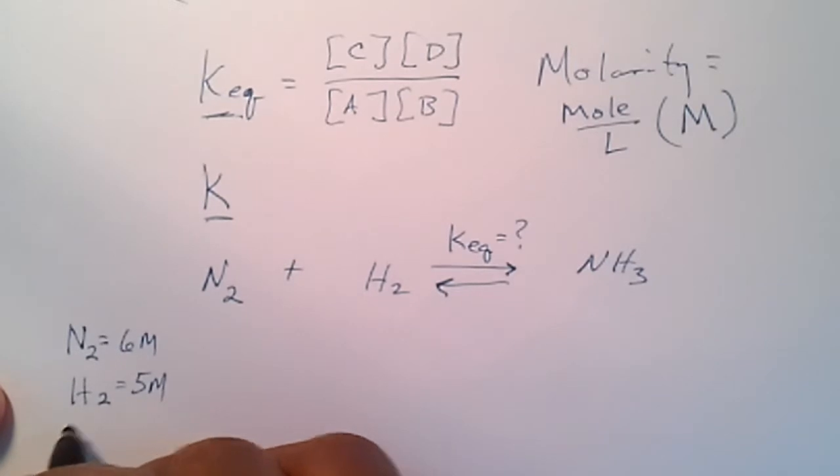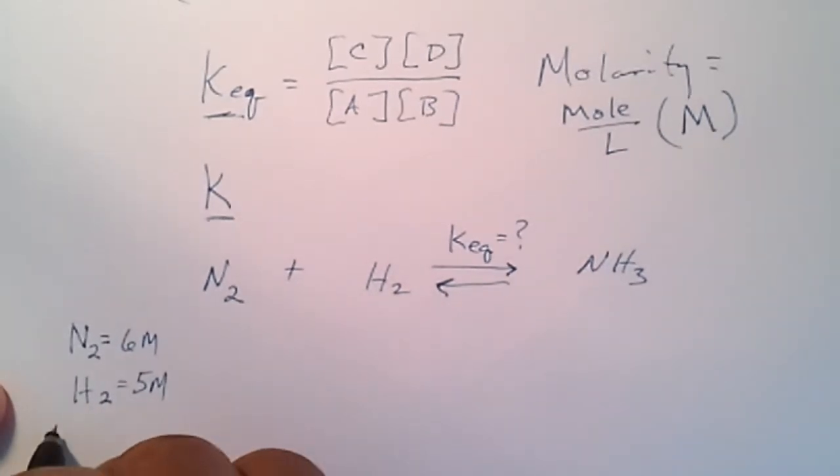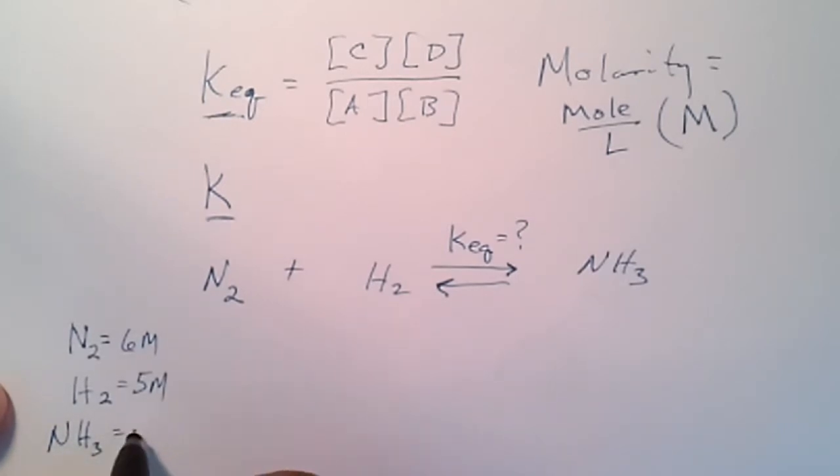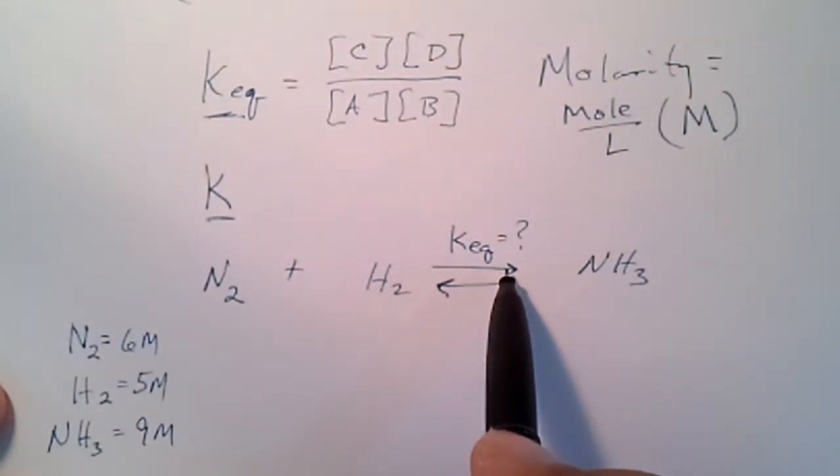And the concentration of my product, ammonia, is, what could it be? Let's make it 9 molar. Alright, so what's the equilibrium?